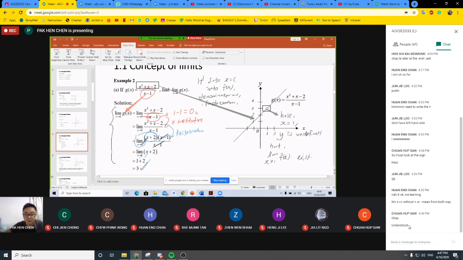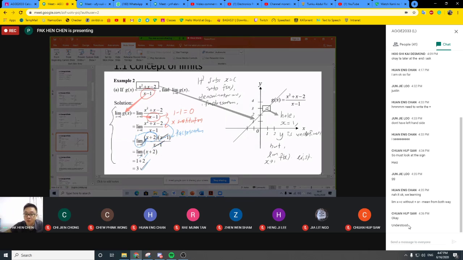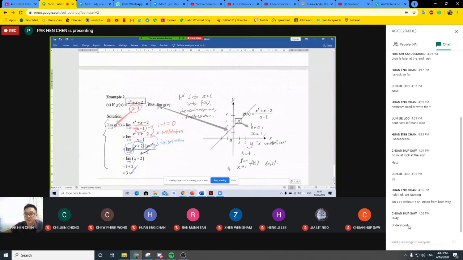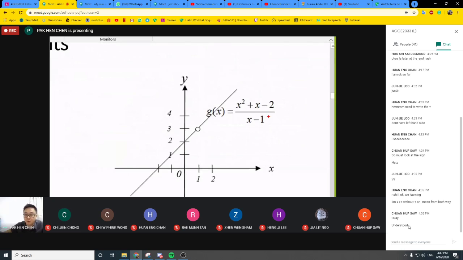Because based on what we have learned, with the limit we want to see what happens when your x value approaches a certain value. When x approaches from the left to this x value of 1, even though f(1) is undefined, we still can see that y approaches the same value.